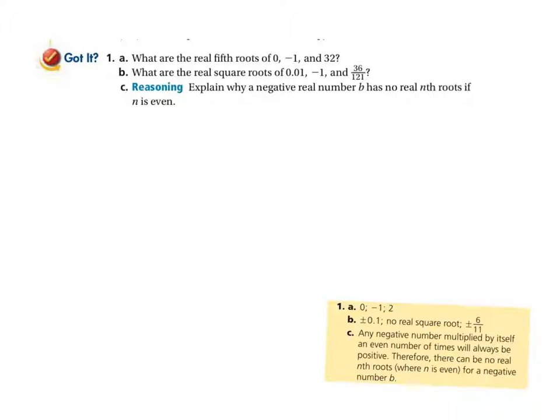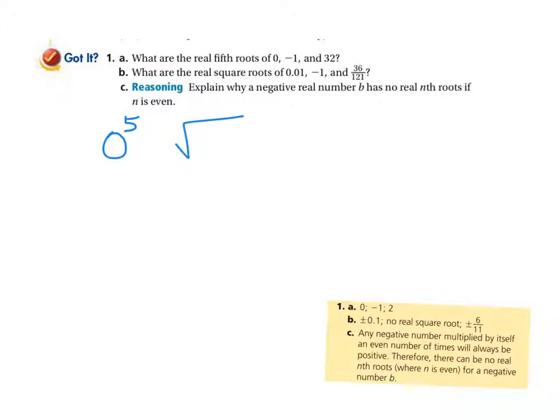So again, 0 to the fifth power, 0 times 0 times 0 times 0 times 0, is 0. So it's its own real fifth root.